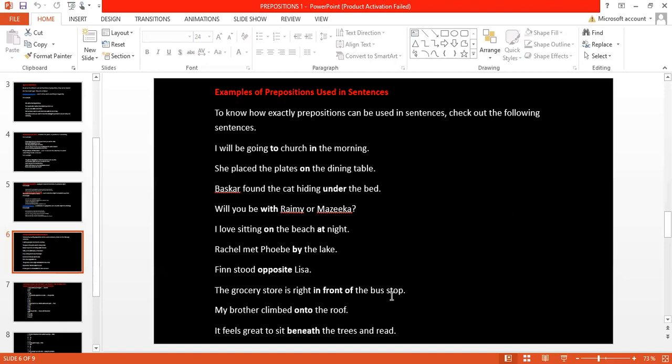If I dropped a paper on a table, all right, and the wind blows and the paper falls, sometimes you hear students say the paper fell from the table, rather than saying the paper fell off the table. Okay, it's confusing.